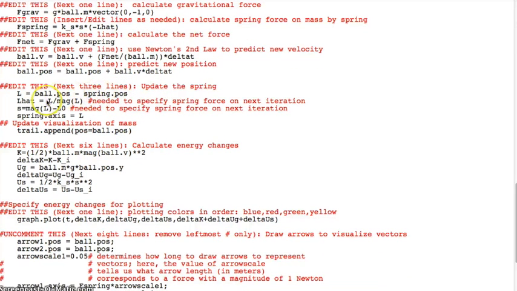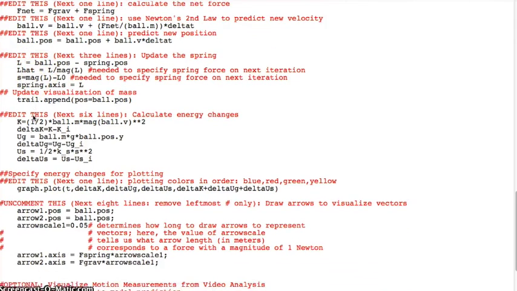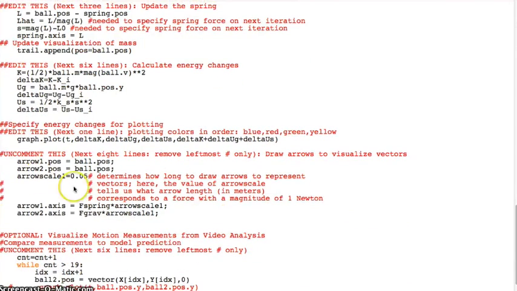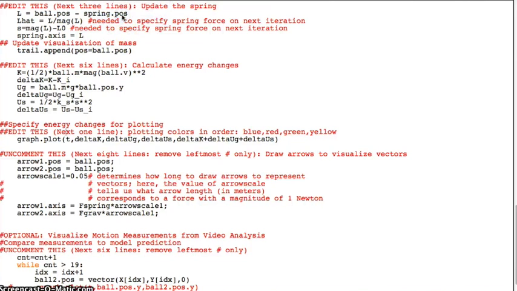Here we explain the change in length and the positioning of our arrows, which we'll later see. And this is where we graph our final conclusions of what exactly is drawn from the running of the module.